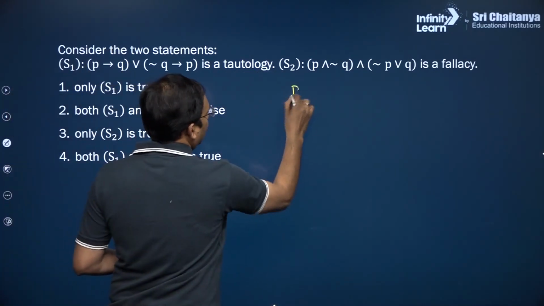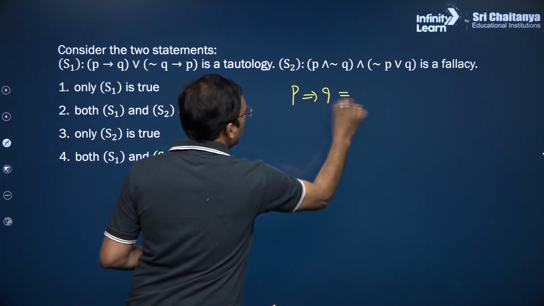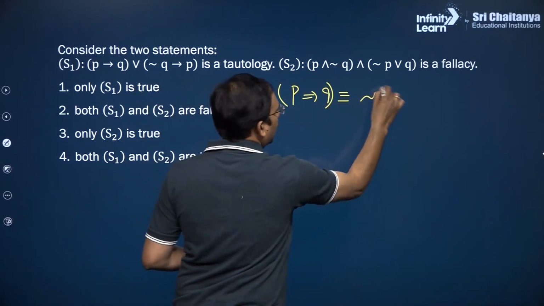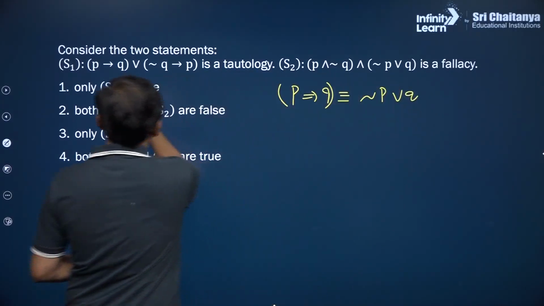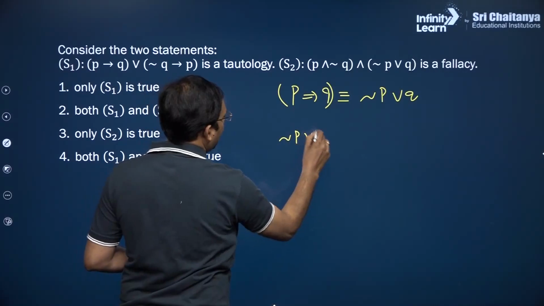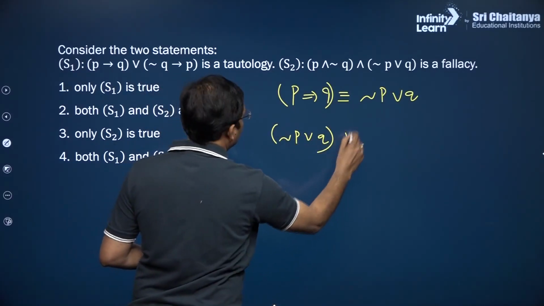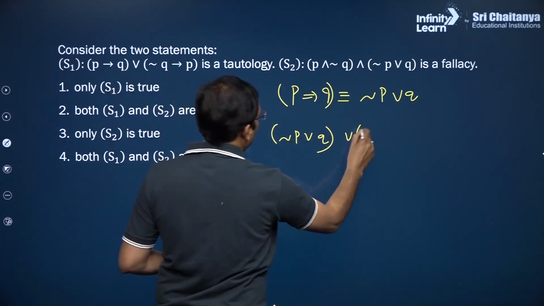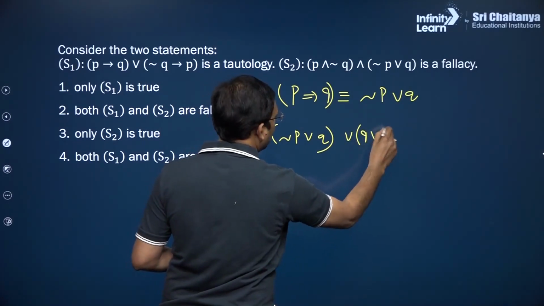We know, my dear friends, P implies Q is equivalent to negation P or Q. So, first one I can write negation P or Q, or second one I can write Q or P, this is the one.